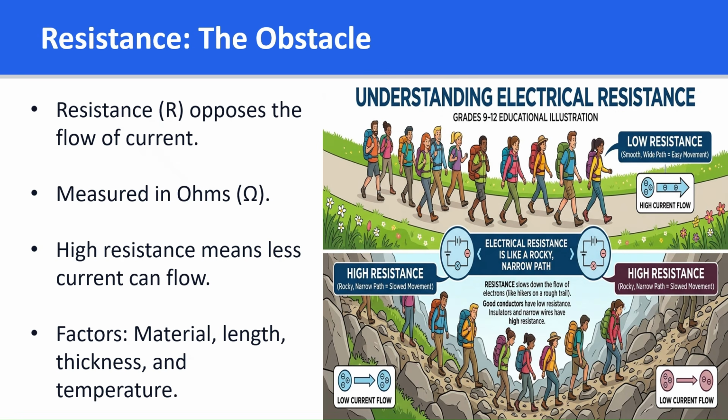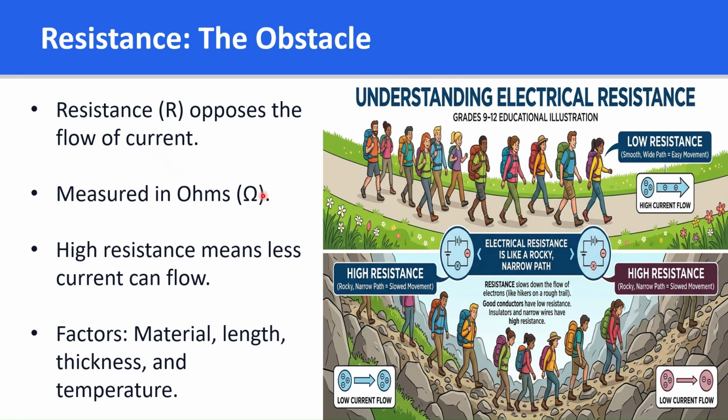Next, not every material allows electricity to flow easily, and that is the reason why there is resistance. Resistance is the opposition to that flow. Resistance opposes the flow of current. Imagine trying to run through a hallway filled with people. That's what electrons face in a resistor. What is the unit of electrical resistance? The answer is it is measured in ohms. This is the symbol of ohms.